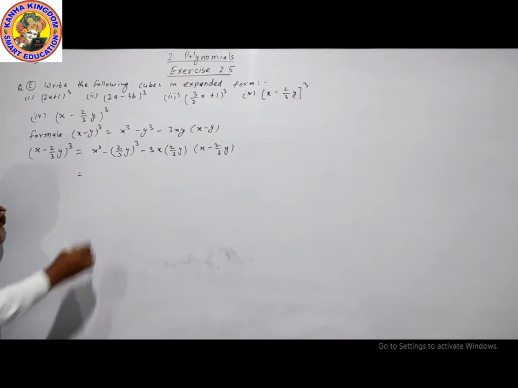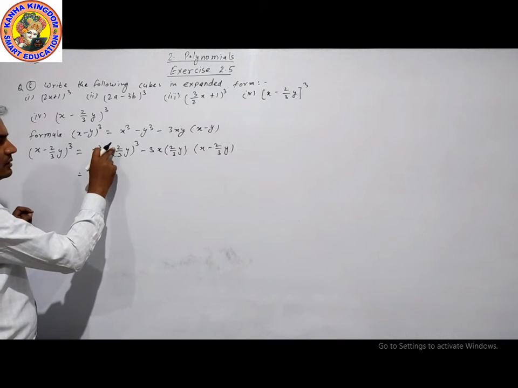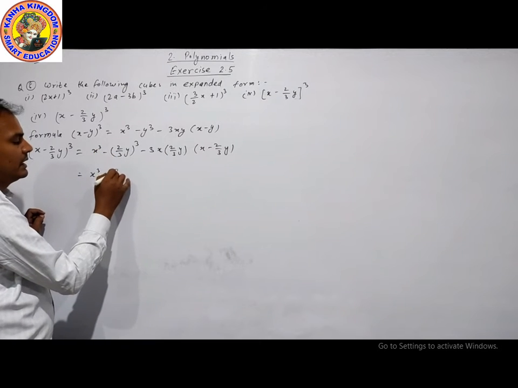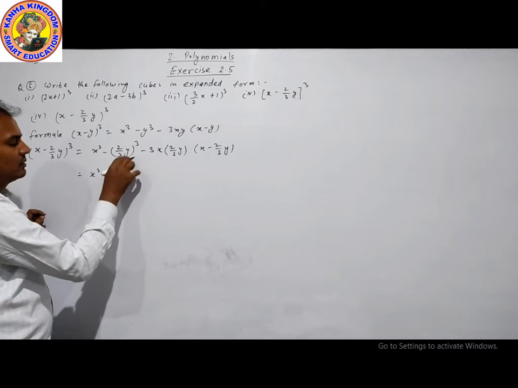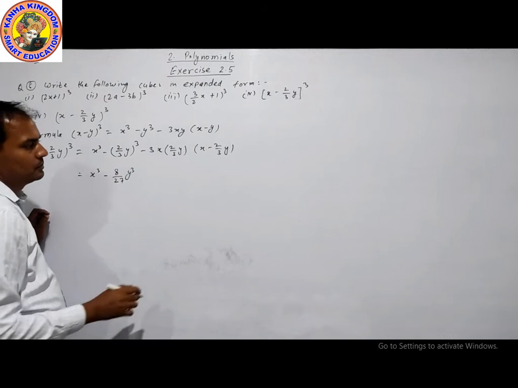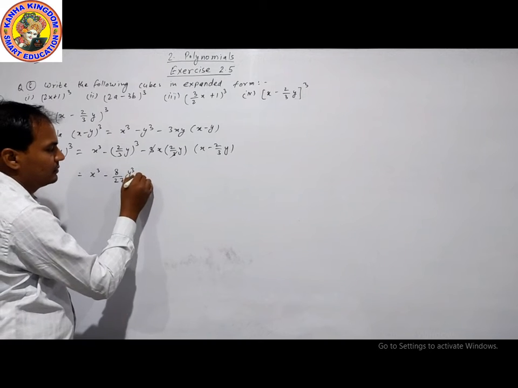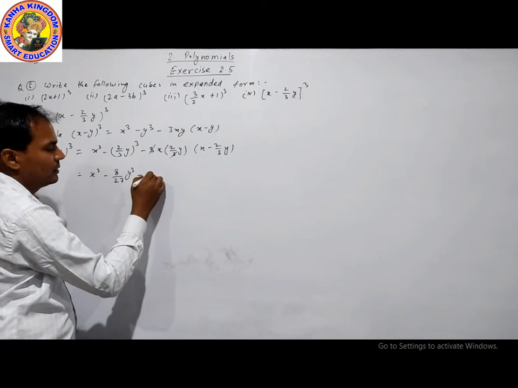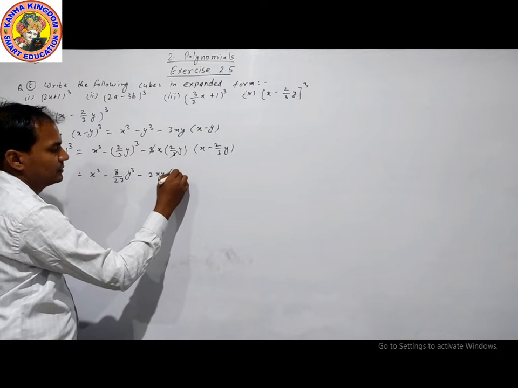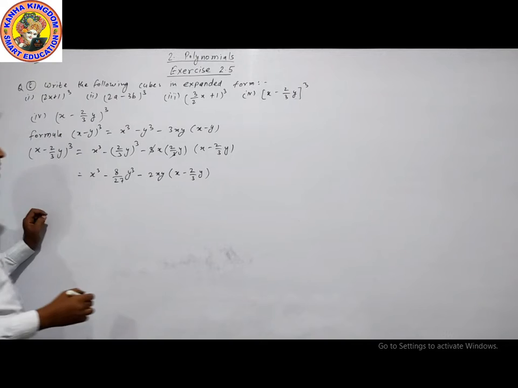Now opening the cube, this is x cube minus, here 2 cube is 8, 3 cube is 27, y cube. 3 and 3 can cancel, here is minus 2xy, times (x minus 2 by 3 y).